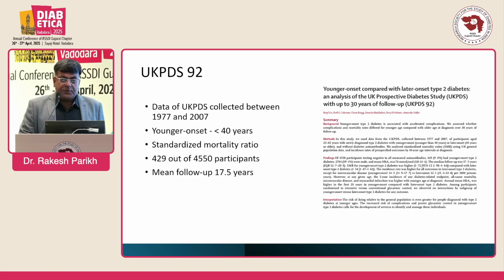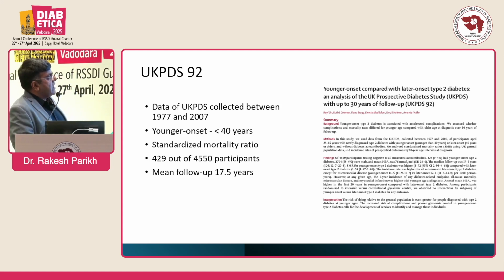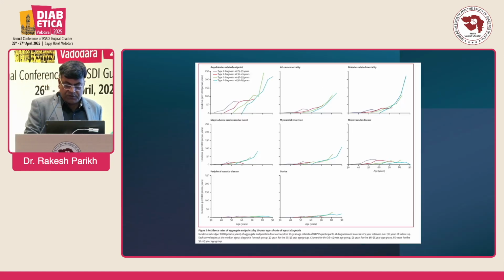Then this is from UKPDS. UKPDS is the landmark study which we all have studied, and now for UKPDS, they have a follow-up of more than 30 years. So they did a sub-analysis of individuals who had young onset diabetes when UKPDS started, 1977. That time there were fewer patients of that age group, but still they had 429 people who were diabetic, age of onset less than 40 years, out of a total of 4,500, and now they have a follow-up of 17.5 years, a long duration follow-up of these people.